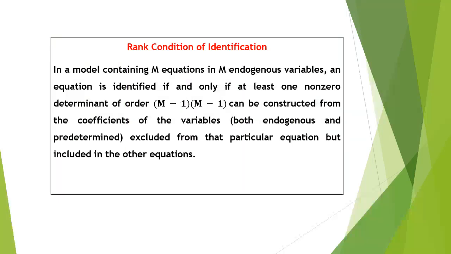In a model containing m equations in m endogenous variables, an equation is identified if and only if at least one non-zero determinant of order m minus 1 by m minus 1 can be constructed from the coefficients of the variables, both endogenous and predetermined, excluded from that particular equation but included in other equations.